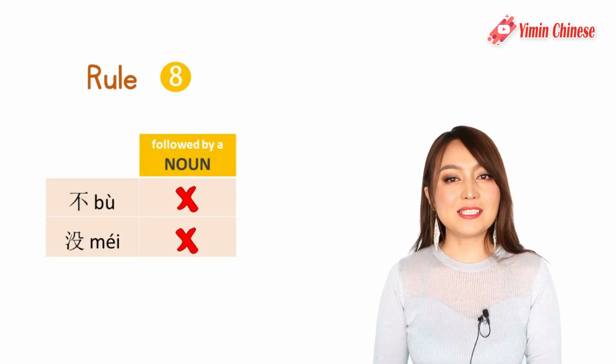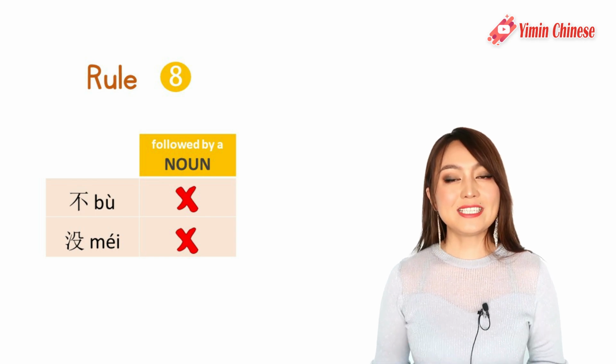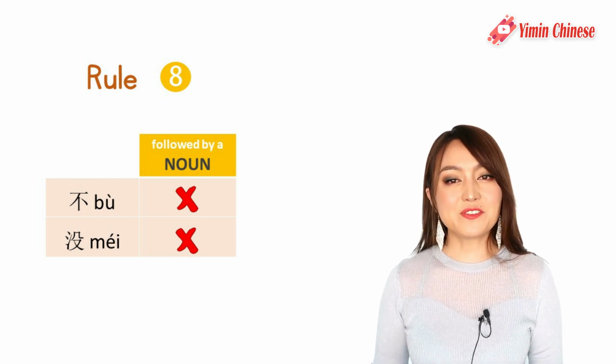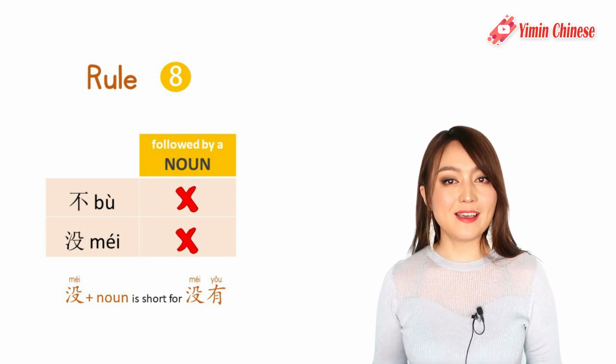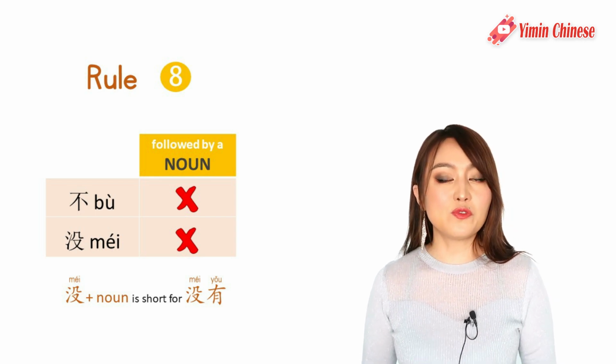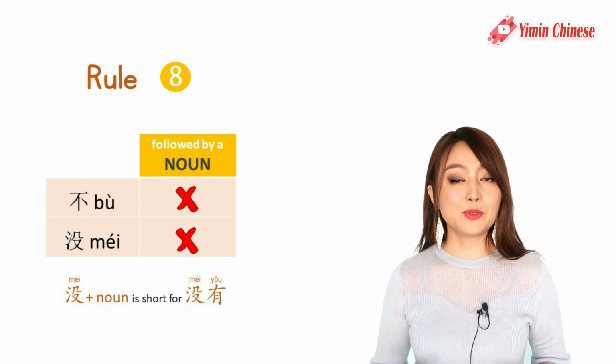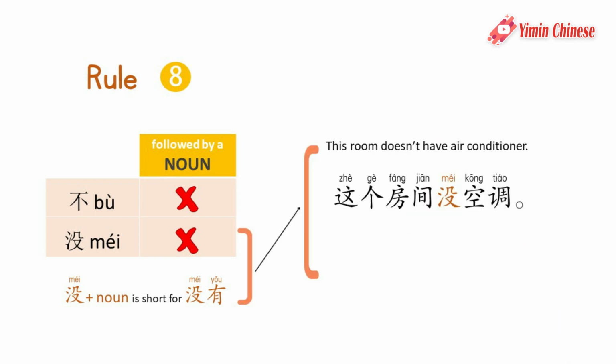Okay, the last rule is about nouns. Strictly speaking, both of them cannot be followed by a noun. When you see 没 followed by a noun, it's actually short for 没有. 比如说，这个房间没空调, this room doesn't have an air conditioner. Here, 没 is followed by a noun, 空调, air conditioner.